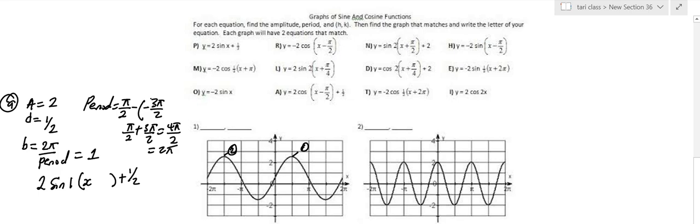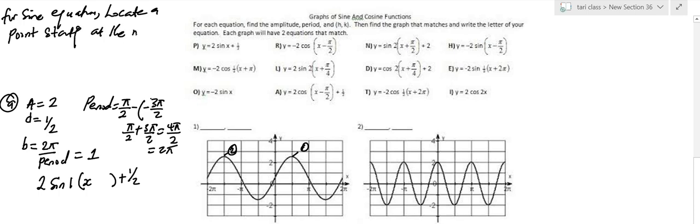What I'm going to do is, if I'm to locate my sine, I am looking for the point that stays at the center, close to the y-axis. That is how you find your sine. To locate sine, for a sine equation, you locate a point starting at the middle, closest to the y-axis.